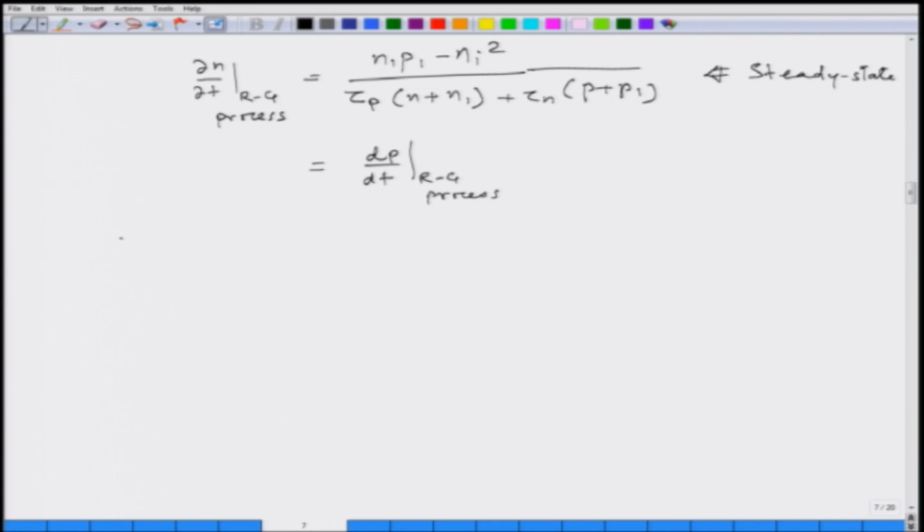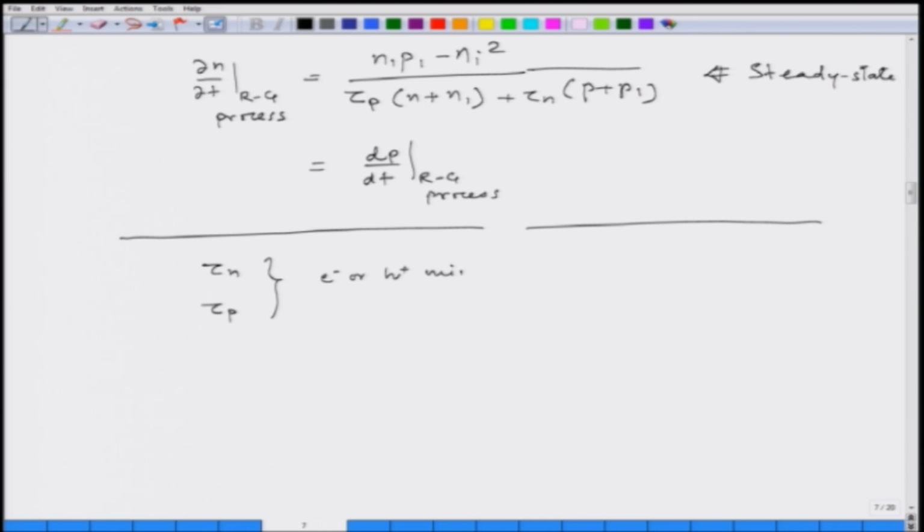Having discussed that, let us spend some time on what these parameters tau n and tau p are. These are basically electron or hole minority carrier lifetime.